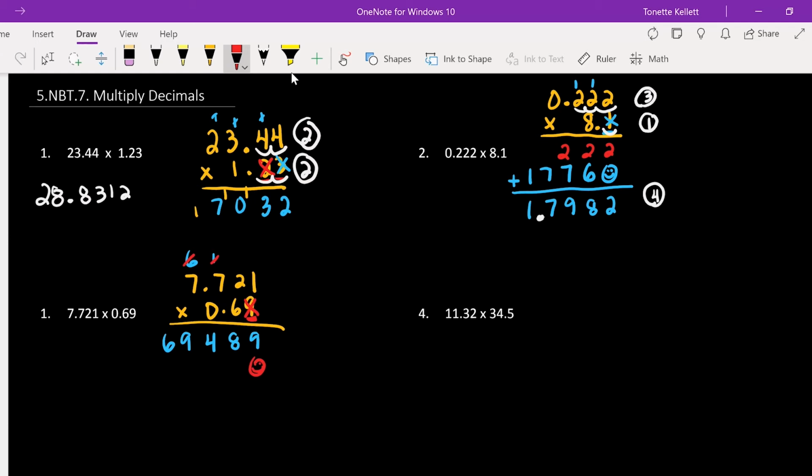6 times 1 is 6. 6 times 2 is 12. 6 times 7 is 42, plus 1 is 43. That's 42 plus 4 is 46. And we don't have to do the 0. I'm going to add these two.